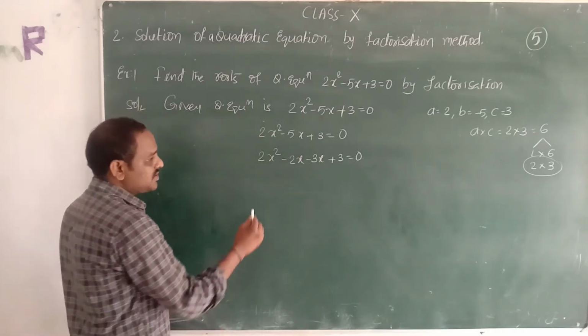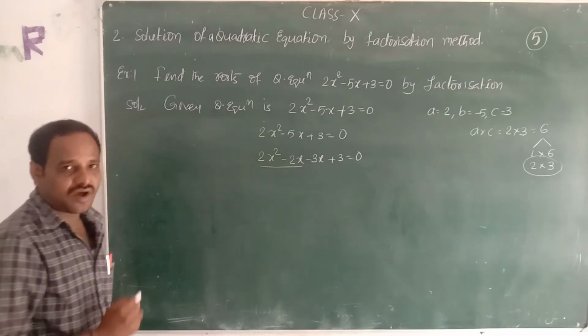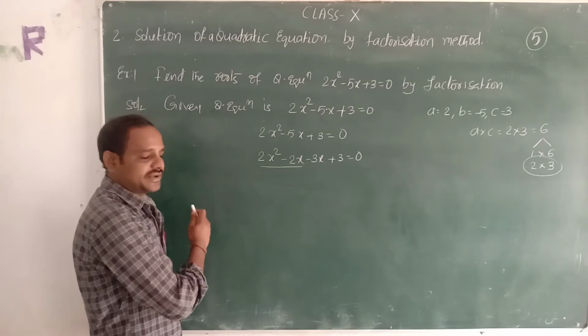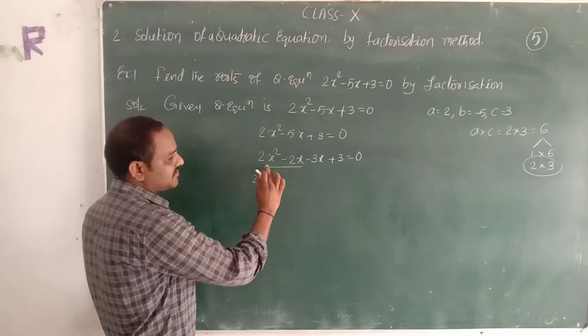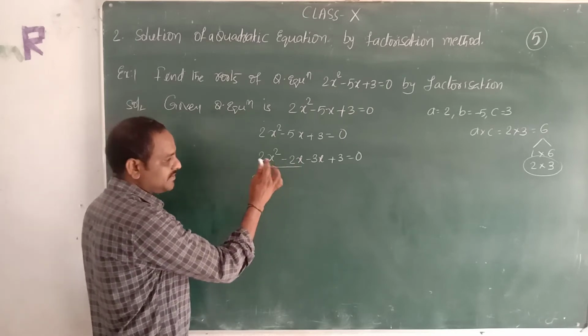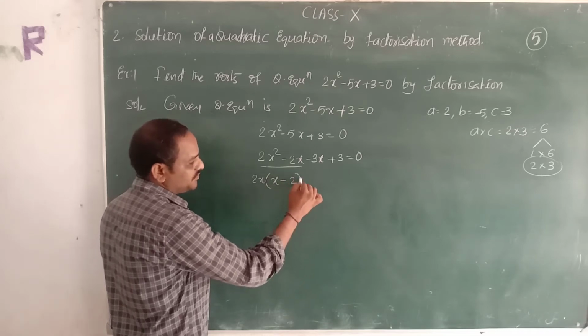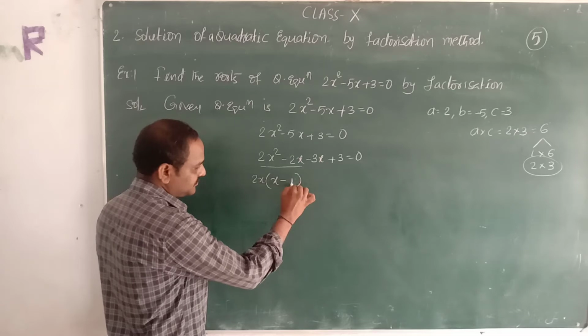Okay. So now here, from these two terms, which one is common? We have to take the common terms out. Here 2x is common for these two terms. By taking 2x as common, what are the remaining terms? x, and here minus 2, here minus 1, here only 1.